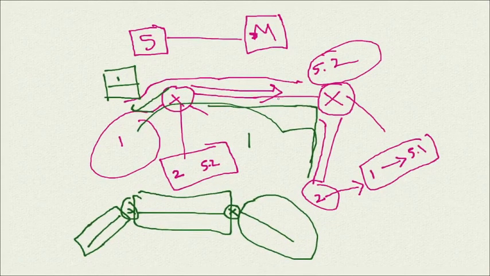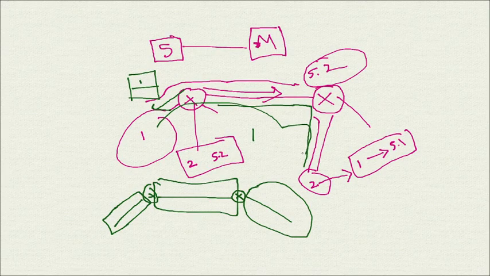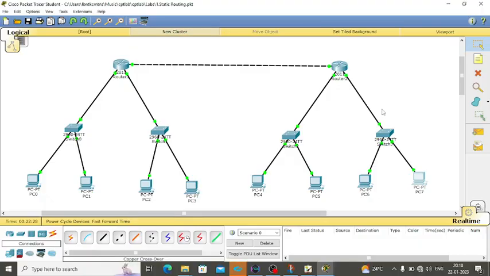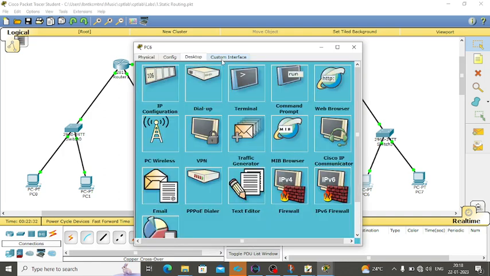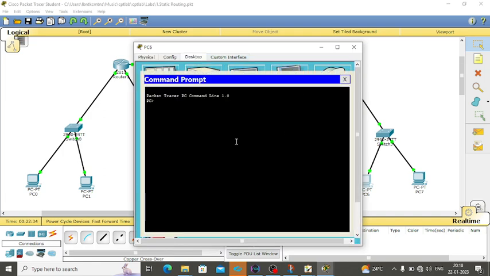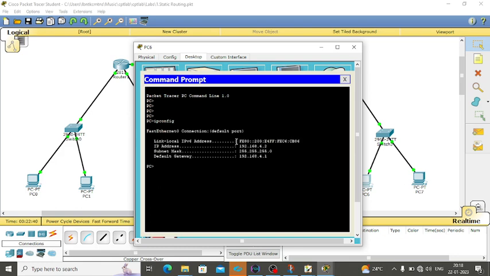So fine guys, now we know what static routing is. All these interfaces are reachable from one network to another. I'll do it lastly. I want to go to this network, ipconfig. Here it is the 4.2 network, and I want to go to 1.1, so I ping 192.168.1.2.